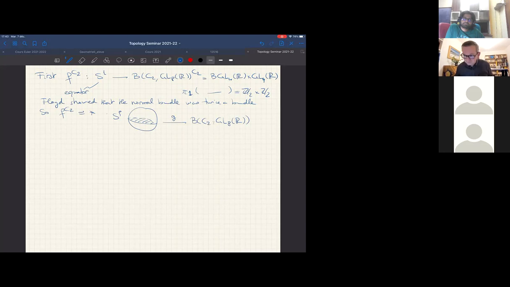Sure. In that last argument, do you need to know that your normal bundle is twice an equivariant bundle? So now at this stage, I only used what's going on at the fixed points. So it's just a restriction of twice a non-equivariant bundle.